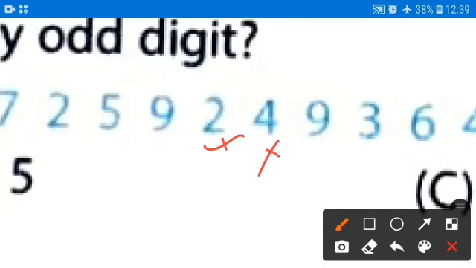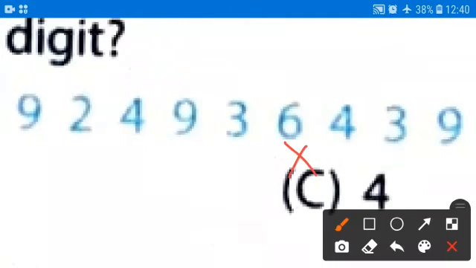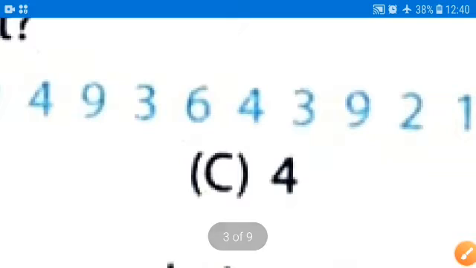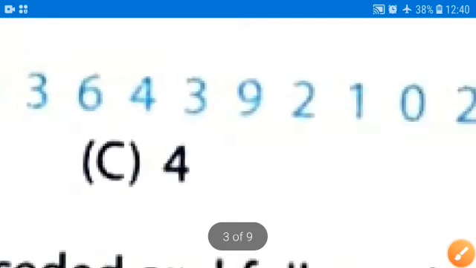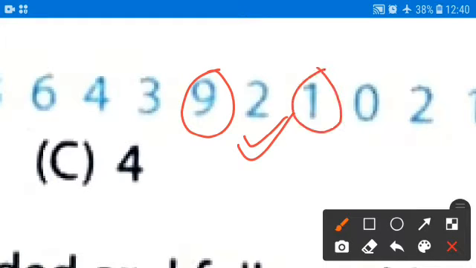The next is 4, we cannot take this. Next is 6, we cannot take this also. Next even number is 4, we cannot take this also. Now next one is, yes, 2, we can take this 2 because 9 and 1 are odd and 2 is even.